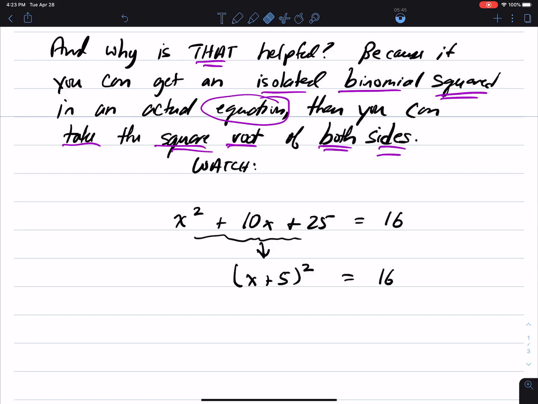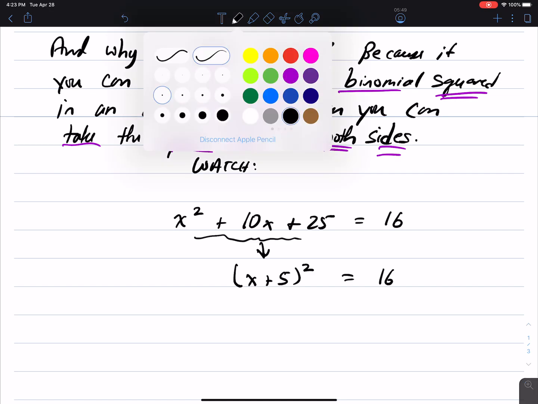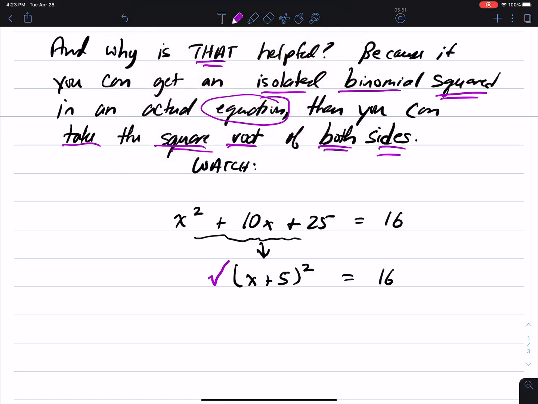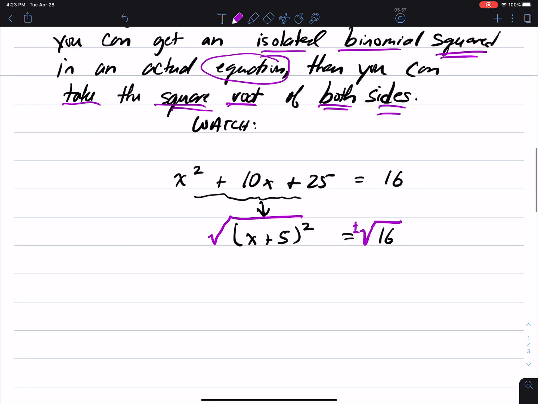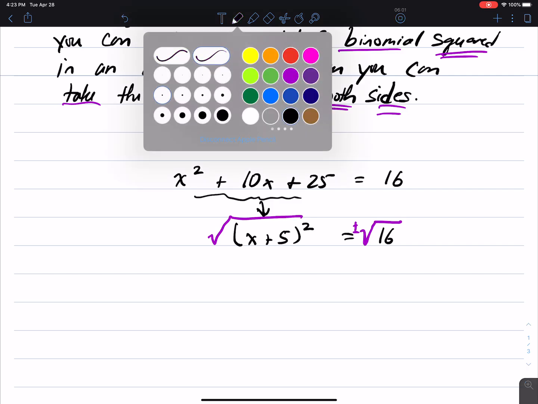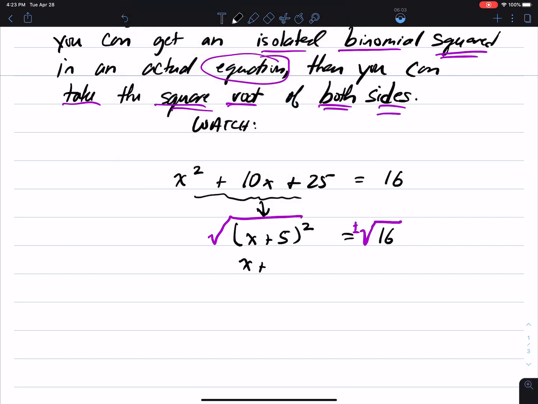And then why is that so useful that we can factor it like that? Because then we can take the square root of both sides. Not forgetting to write that plus or minus there, of course, right? That's very important, okay? So then that becomes x plus 5 equals plus or minus 4.